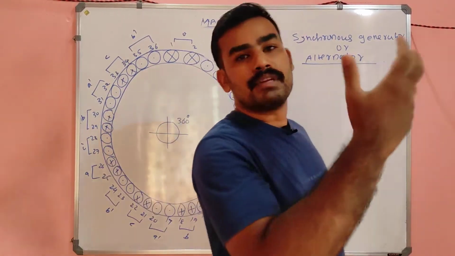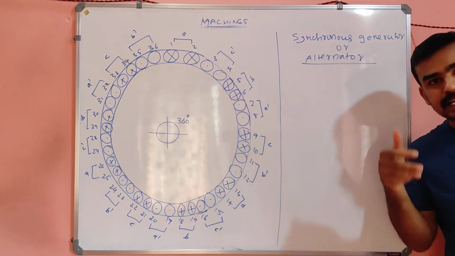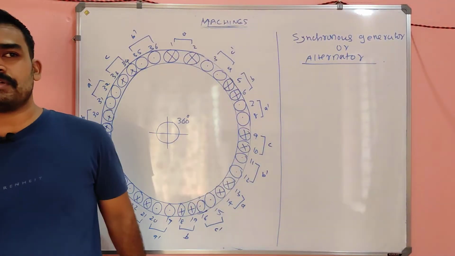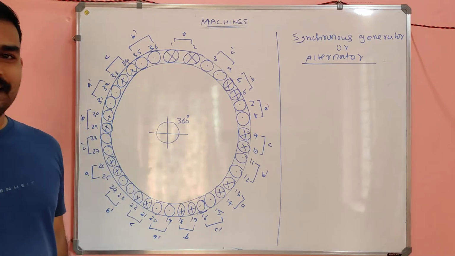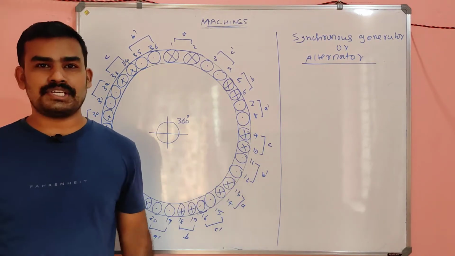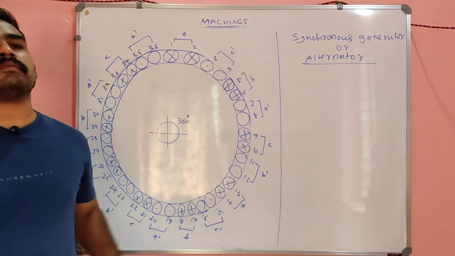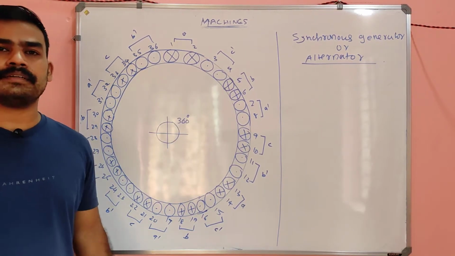Suppose in a power station, imagine the case of our EJPDC power station, not substation. There is a substation also in EJPDC, but consider the power station for power generation. There we are using an alternator.